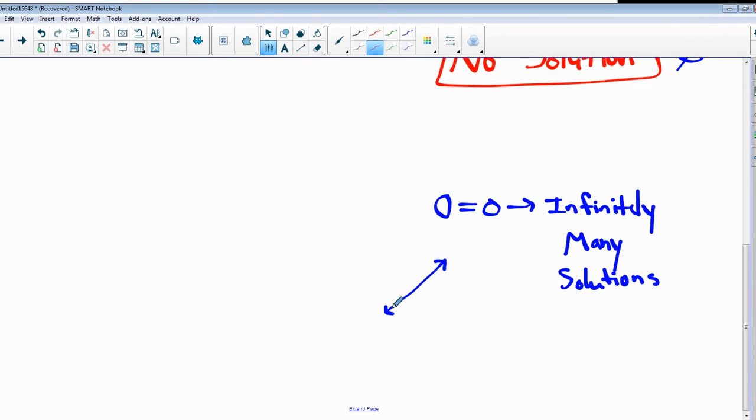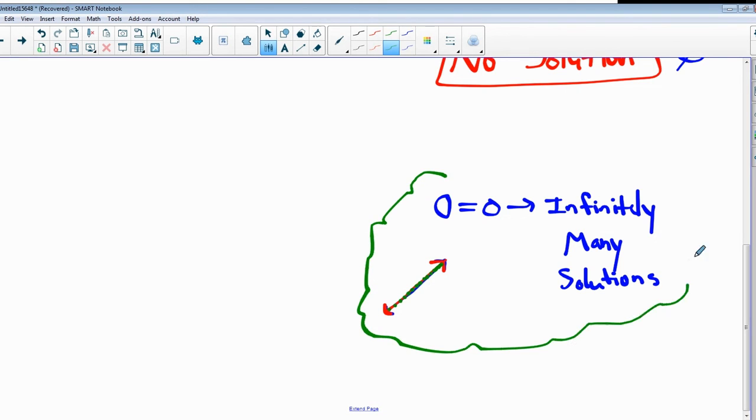All right, there's plenty of points out there the lines don't touch, but this is what it would look like. You probably wouldn't be able to tell that there's two lines there because they're the same line. And every point on this line they're intersecting at. So, there's all the points, and it keeps going on, down and up. So infinitely many solutions would be what this would be like.